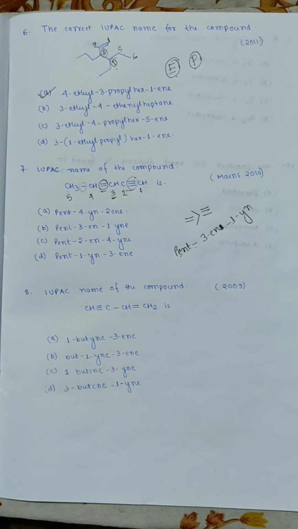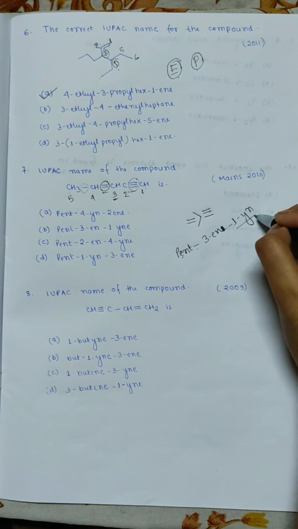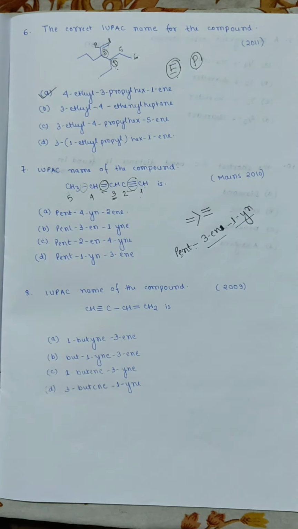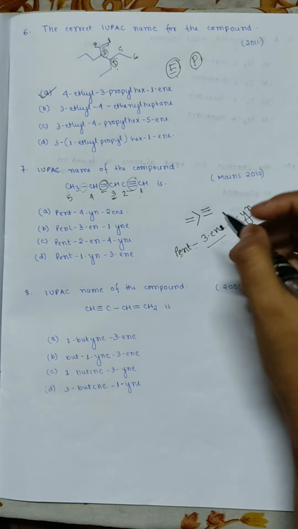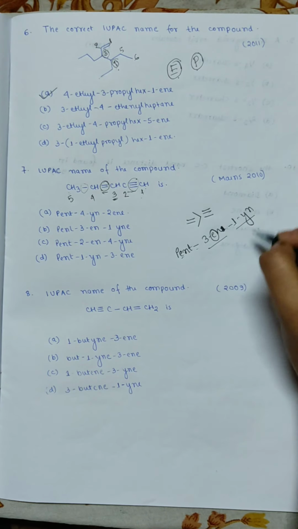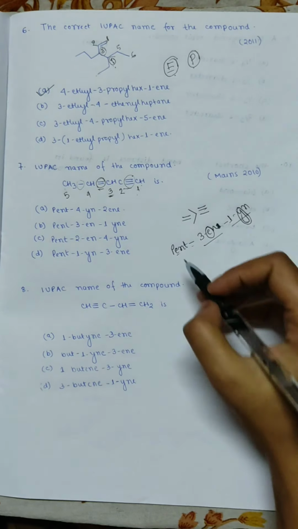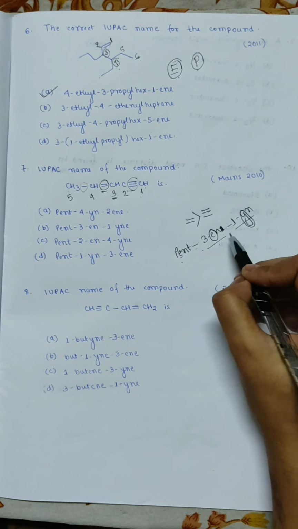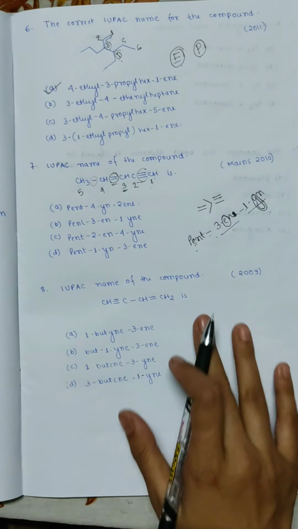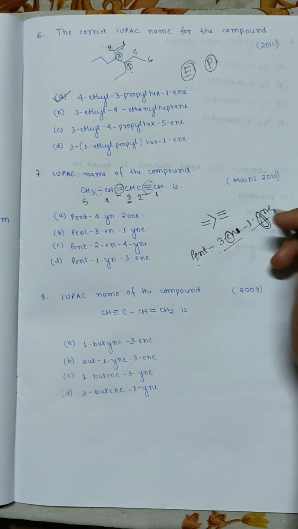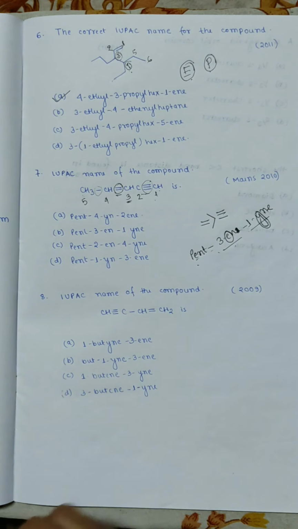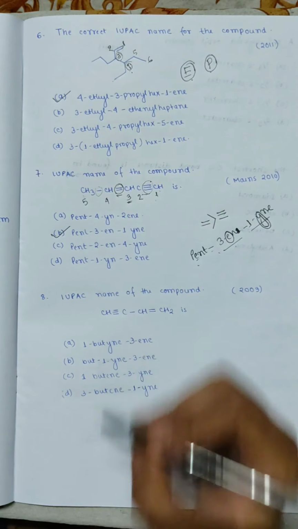Now there is a question why I have not written 1-yne first and then 3-ene: again because of alphabetical order, E comes first and then Y comes. That's why I have written pent-3-en-1-yne. So the correct option in this question will be option number B.